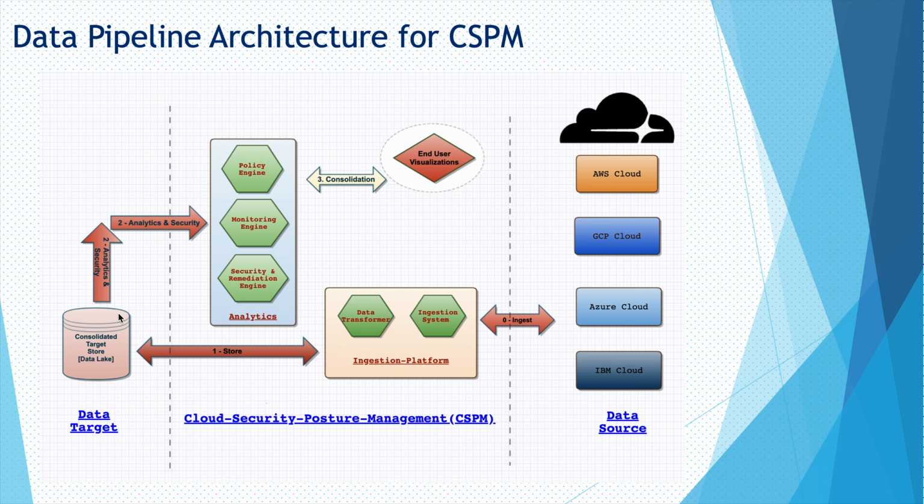Once you have data inside your target data store, you can analyze that data and make different policies out of that. You can have complete monitoring out of that. You can have a remediation engine also for that. One example from the previous discussions: let's say you have created one policy that any workload VM should not have an allow-all rule. So you analyze that data and figure out that this many workload VMs have policy violations.